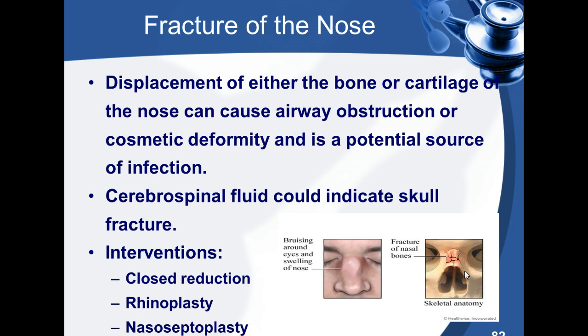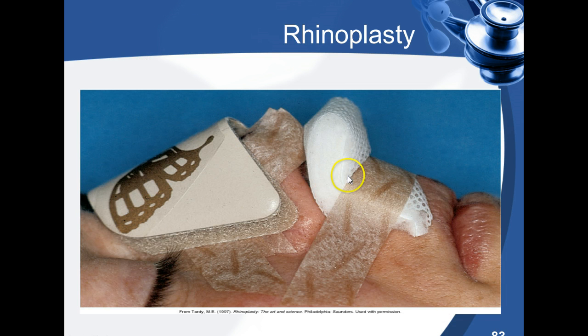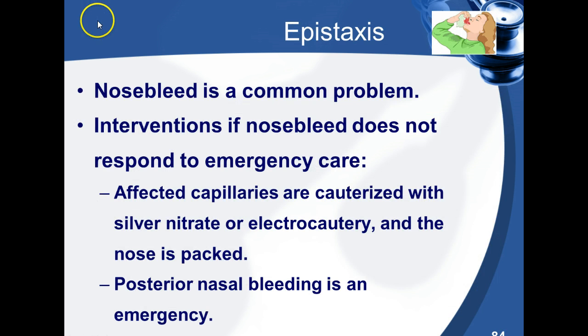It can cause an airway obstruction because of the swelling or cosmetic deformity, and it is a potential source of infection. Cerebrospinal fluid could indicate skull fracture. Interventions: they go in and do surgery, a closed reduction, a rhinoplasty, or a nasoseptoplasty. Right here is a real good example.